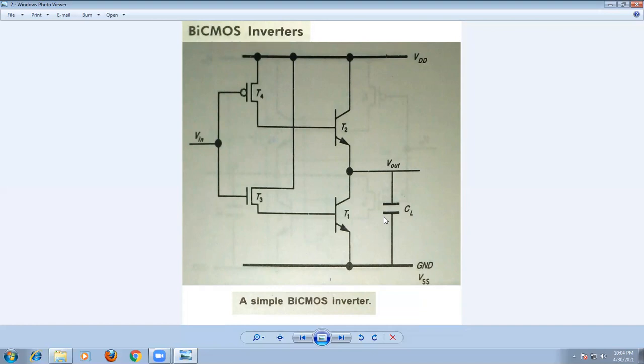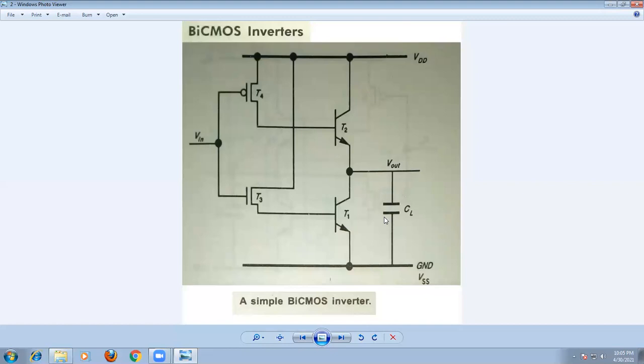But the main disadvantage of the CMOS technology is that it is not able to drive heavy loads. That can be overcome by using BiCMOS technology. That means we are going to fabricate bipolar junction transistors in the CMOS structure, the BiCMOS structure in this case.